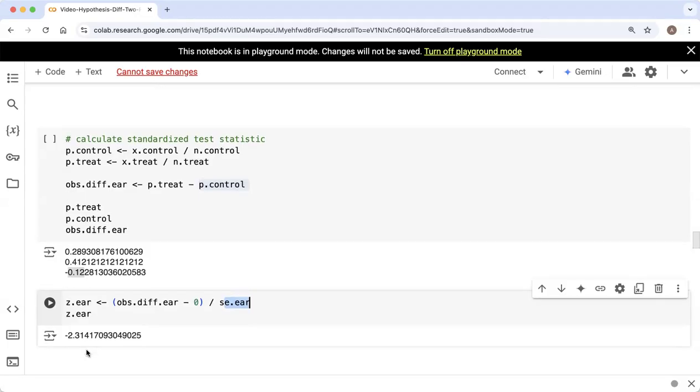So this tells me that our observed difference in sample proportions is like 2.3 standard errors below the null claim. And so now we can see that's pretty far away. Whenever you get more than 2 standard errors away from the center of a normal distribution, that difference is usually pretty significantly far away.